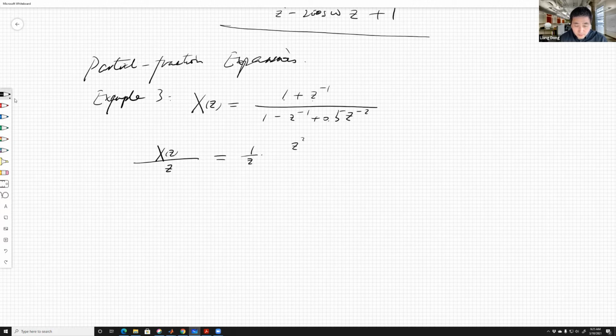So z squared plus z over z squared subtract z plus 0.5. Okay. Z squared subtract z plus 0.5. Now I want to find the poles. So we will find the roots of the denominator.